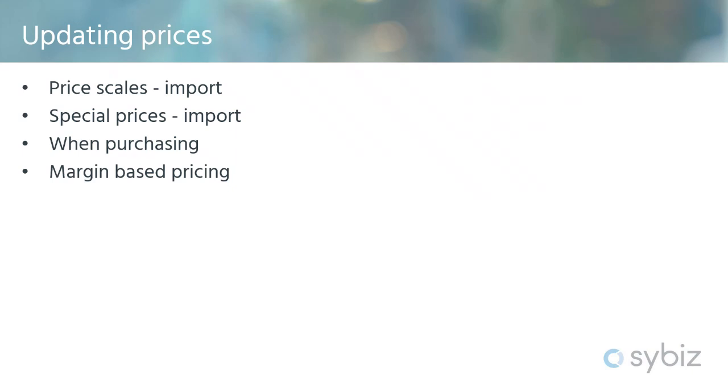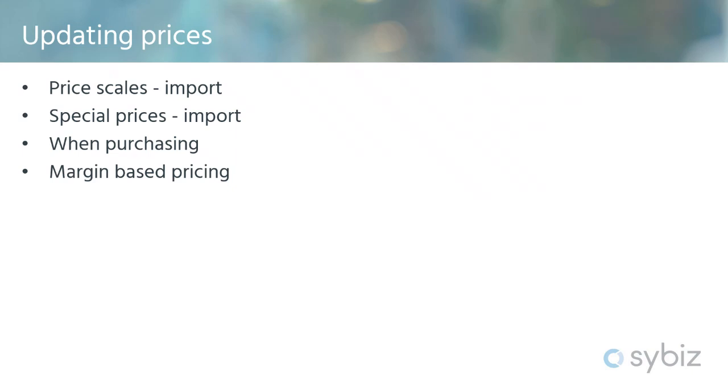And I should just point out as well, the product price import, as it's called, can be a little disconcerting, because some people like the different price scales being in columns, whereas the way the import works is that the actual price scale code is part of what needs to be imported, and so there's basically one price per row.